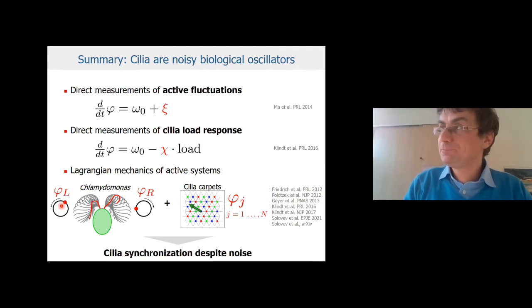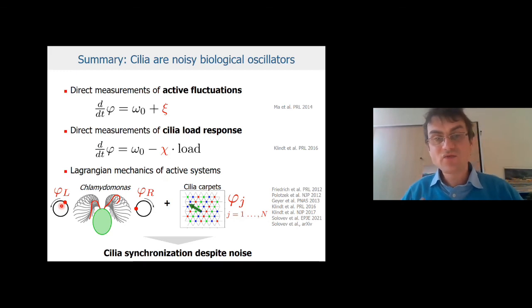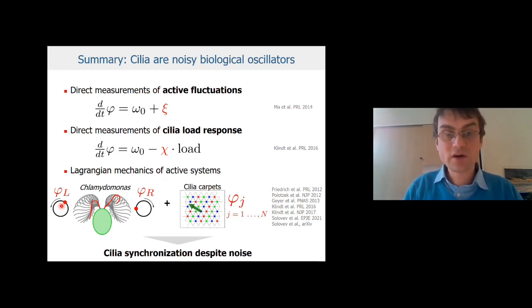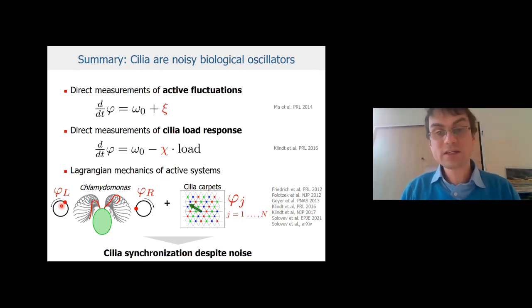Okay, so cilia noise most of the time has an adverse effect. Cilia noise tends to destroy synchronization, and we see this in models of chlamydomonas synchronization. We see this in cilia carpets. If the noise strength is getting too large, synchronization is destroyed. But the real biological flagella are noisy, but the noise strengths are still moderate.